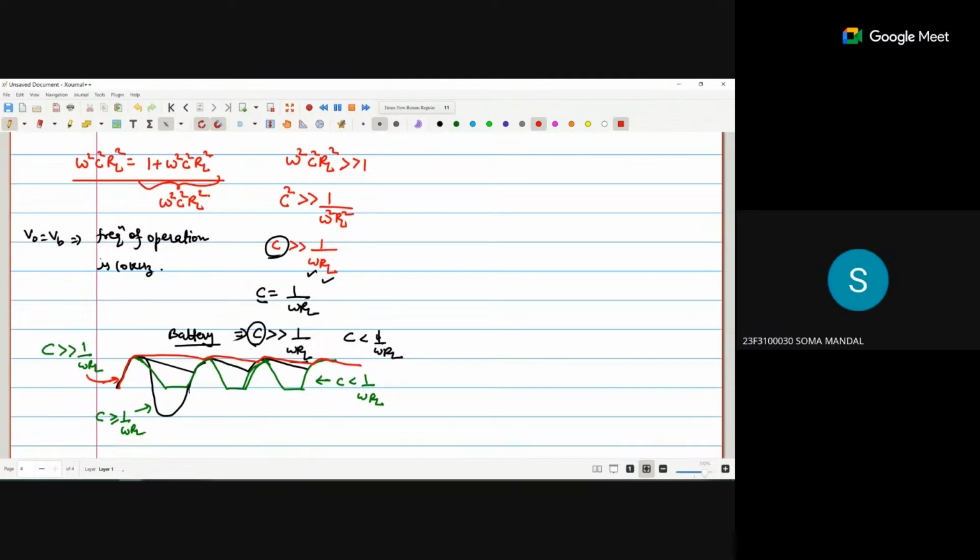Then, sir, the output capacitor and input capacitor both are coupling. Yes, both will have different values; that is not the same value. We have different values of capacitance.